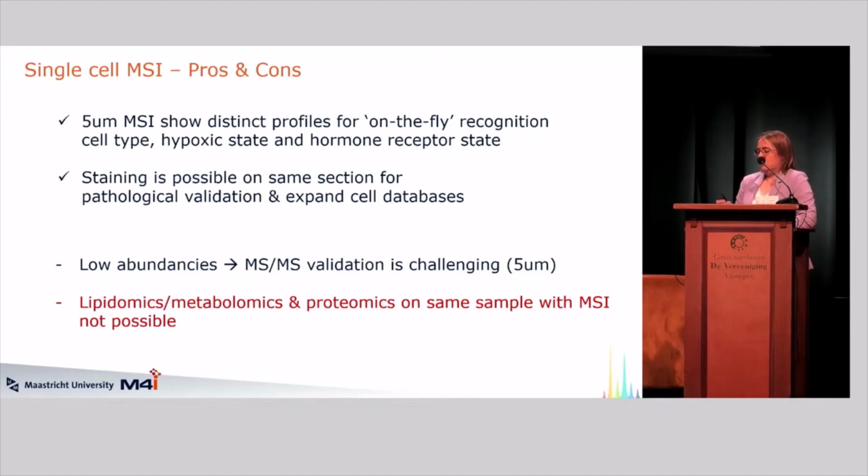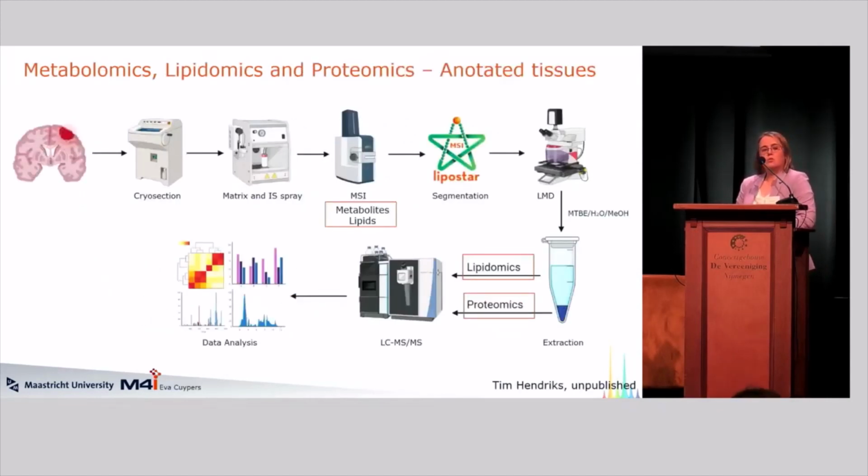So, to wrap up, we wanted to see how much information we can get out of one single tissue section with MSI, in combination with an extraction and LCMS. What we standardly do now is spray a matrix that also includes an internal standard, a lipid splash mix, which we spray together with the matrix.